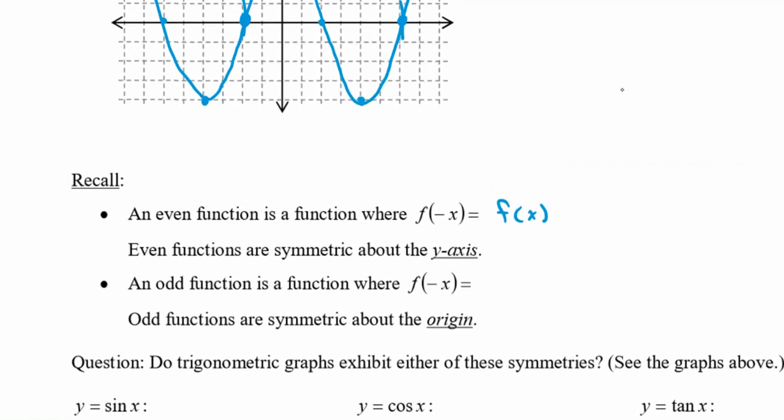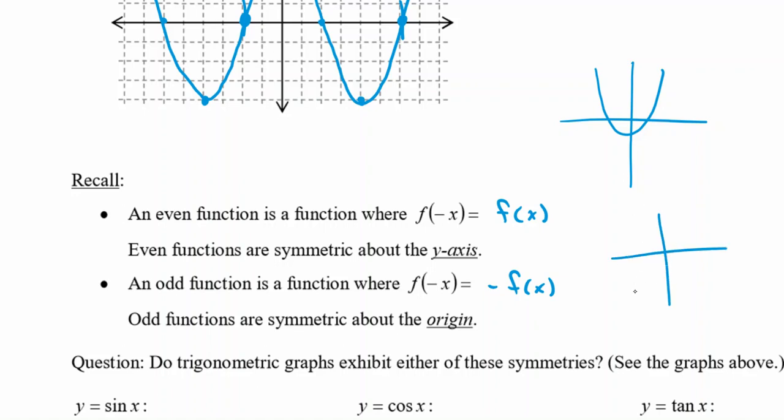So if you've got your axis, an example of this would be something like this. If I could draw better, that would be symmetric about the y-axis. An odd function is where f of negative x is equal to negative f of x.